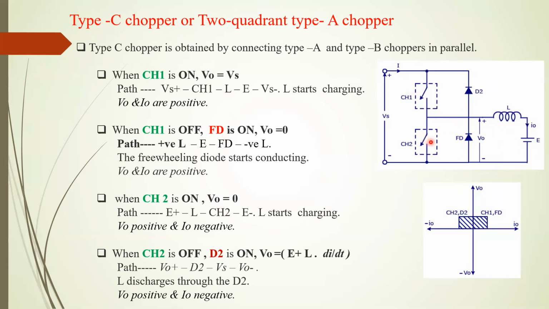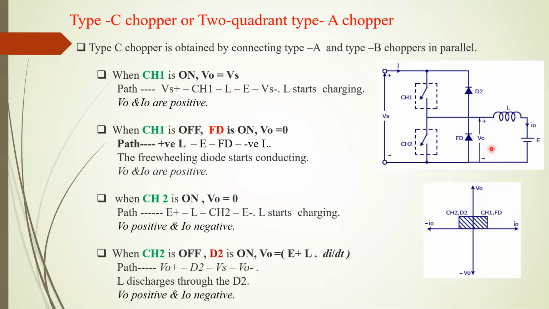When chopper 2 is off, whatever charge is now stored in the inductor is going to discharge through the freewheeling diode by changing its polarity. Now plus becomes minus and minus becomes plus. Whatever the stored energy is, now it flows through the freewheeling diode.